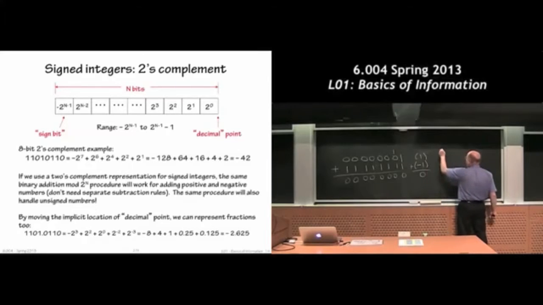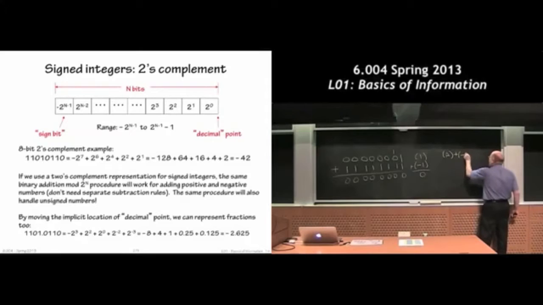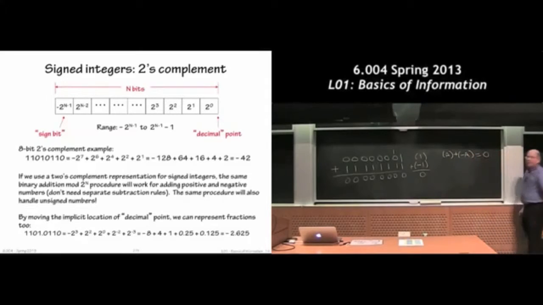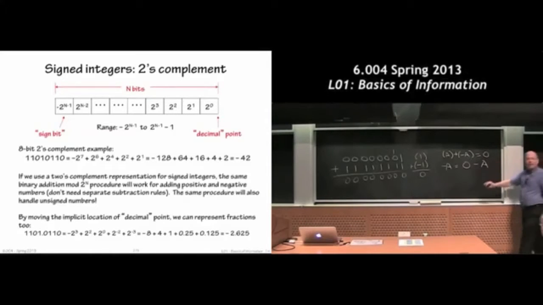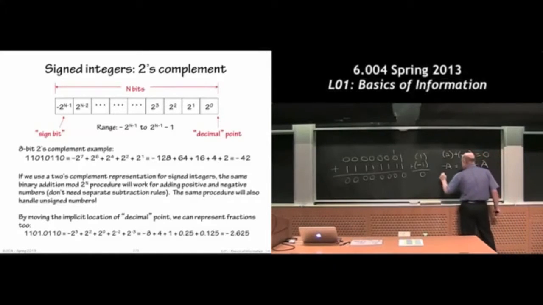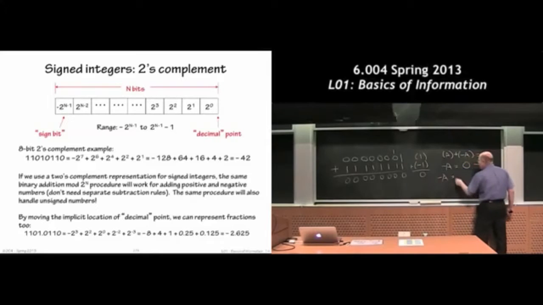Suppose I have a, and I want to add it to minus a, and I'm going to get 0. I'm going to rewrite this slightly. I'm going to say minus a is equal to 0 minus a. I've just moved the a to the other side. Happy with that? Now I'm going to rewrite this 0 as 1 plus minus 1, so minus a is 1 plus minus 1 minus a.